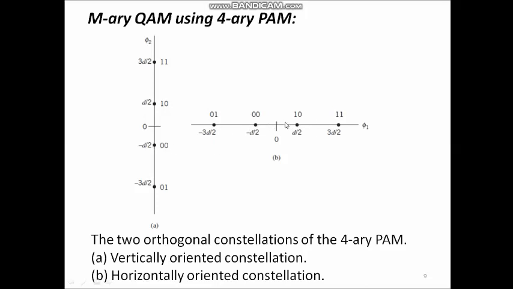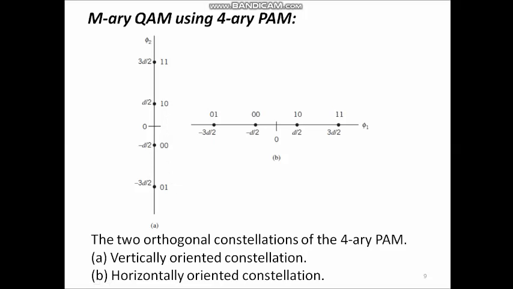The same binary sequence is used for both constellations, 0 1, 0 0, 1 0 and 1 1, and Gray codes are used here. So, from one code word to another there is only one bit change. For example, 0 1 to 0 0, 1 bit change, 0 0 to 1 0, again 1 bit change. Next, 1 0 to 1 1, again 1 bit change. Therefore, adjacent code words differ by only 1 bit.